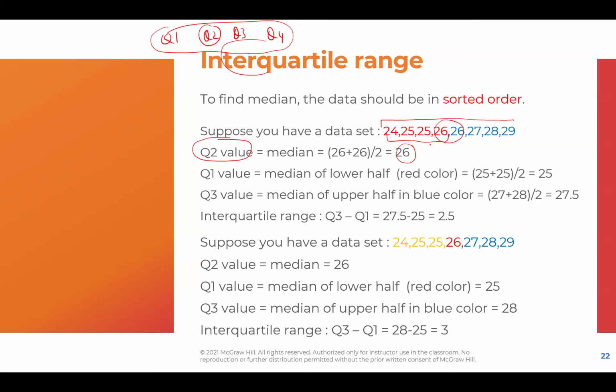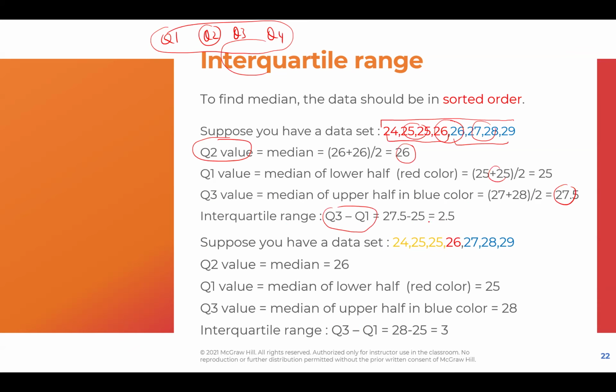So that is the first quartile. The median of this one is 25, the median of the lower half. The median of the upper half here, in the blue color, is 27.5. The difference between Q3 and Q1 is the interquartile range.